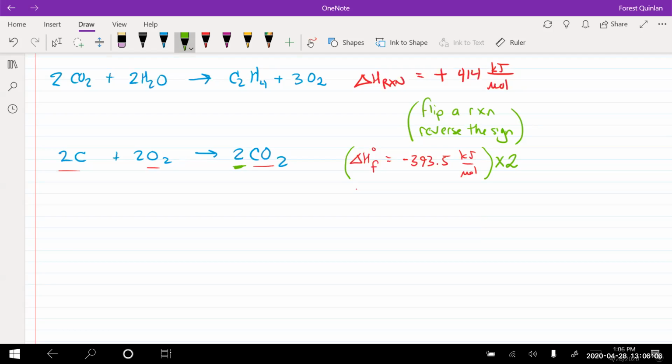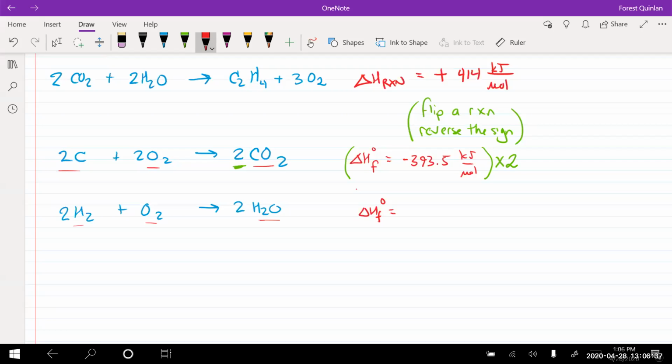Along the same lines, I'll do the same thing with the water one. So I have 2 hydrogens plus an oxygen goes to make 2 waters. Again, that is to match up with the equations above. We were told that that was a delta H naught, and again, we're making a compound from its elements.